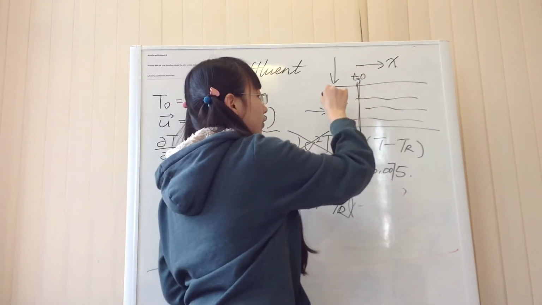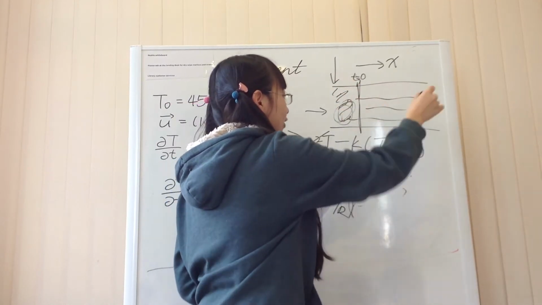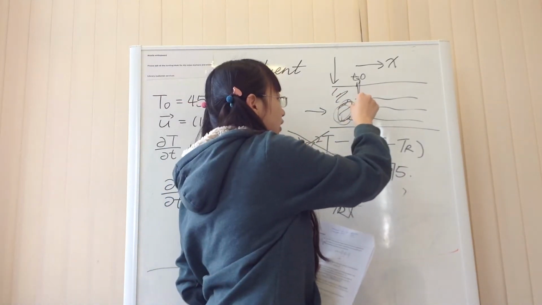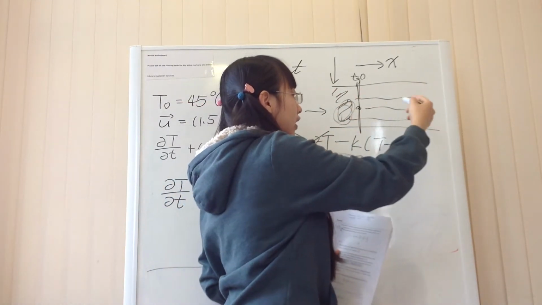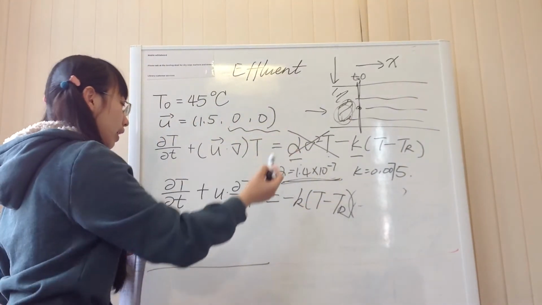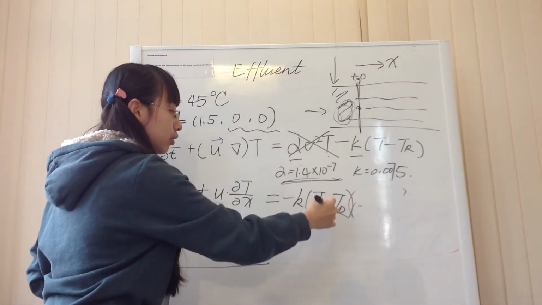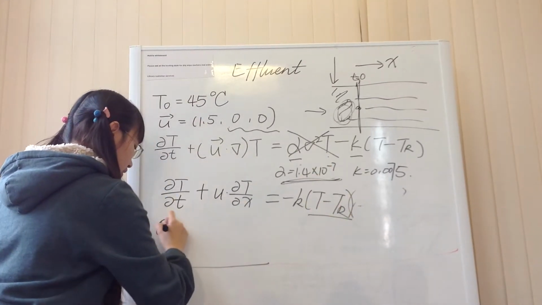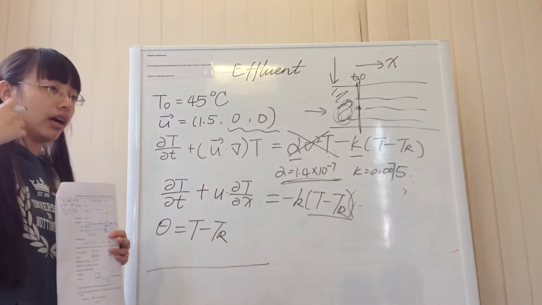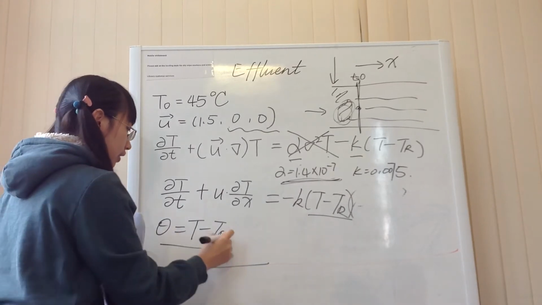What we want to say is, when the flow here is mixed and it flows, how the temperature changes relative to the river. In this case, we define a new variable called theta, where theta equals T minus T_R, to simplify our work. So here we get this.